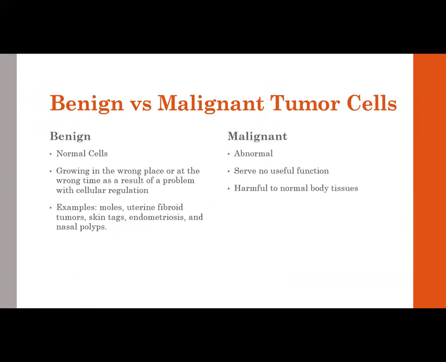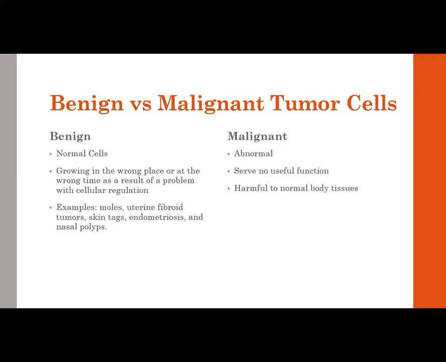So this is just a general overview of benign versus malignant tumor cells. For your benign cells, when you see these, it makes sense why we say we're not as worried about benign as we are about malignant. With your benign, they're usually normal cells.